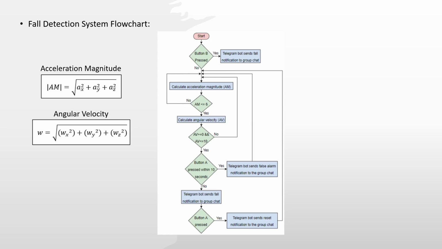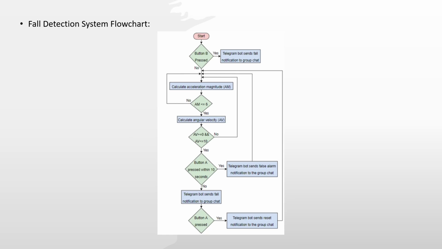After calculating the angular velocity, it will determine whether the angular velocity is within a certain threshold. If the angular velocity is within the threshold, it will continue to sound the buzzer on the M560 Plus, and it will have a 10-second period for the user to either press the button A to cancel the fall detection system or continue and allow the M560 Plus to send an alert notification to the Telegram.